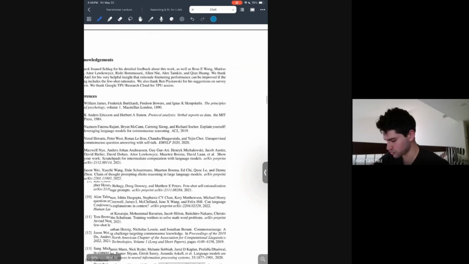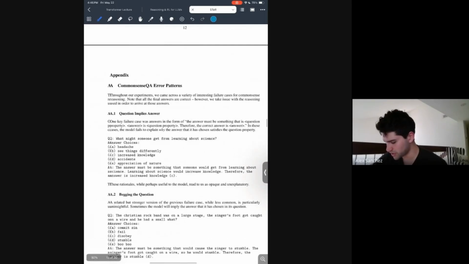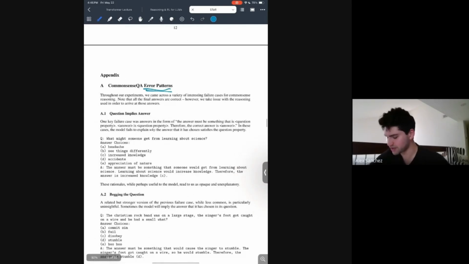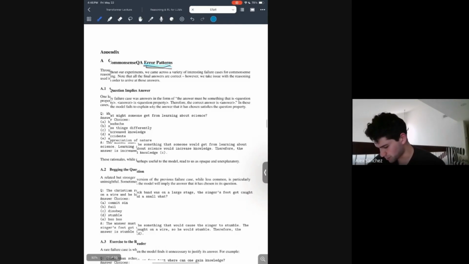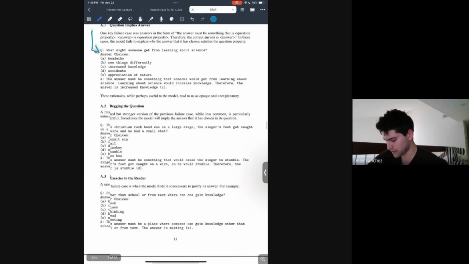If we go past the appendix, we go here into some error patterns. You see this assumption is kind of tested. For example, here, they graded this rationale as not being helpful.